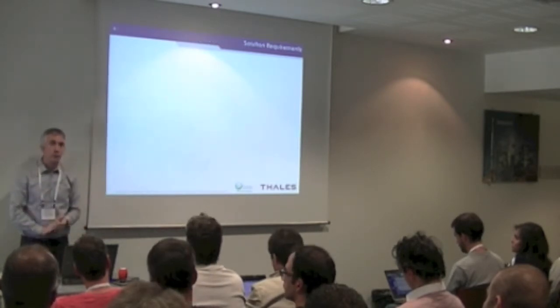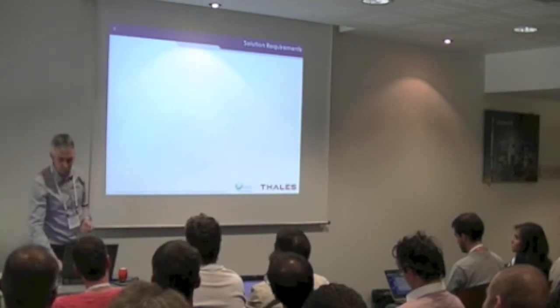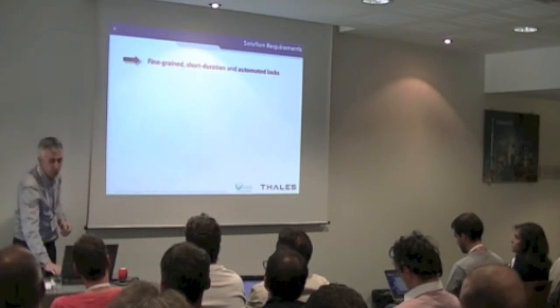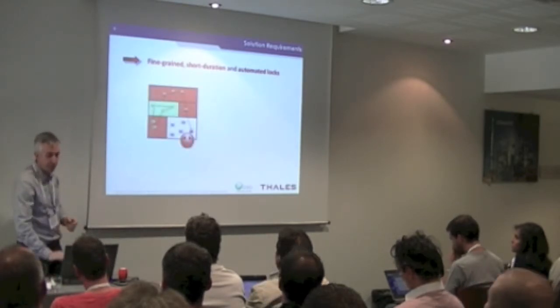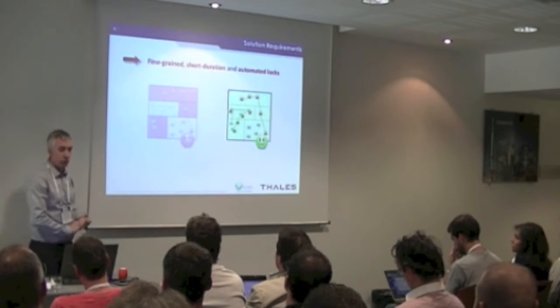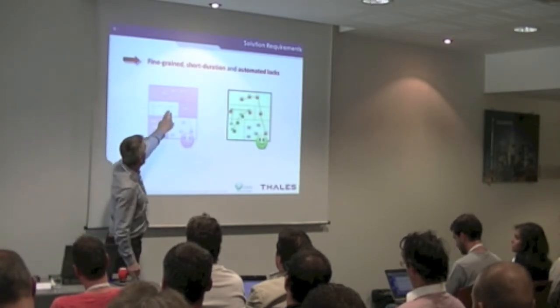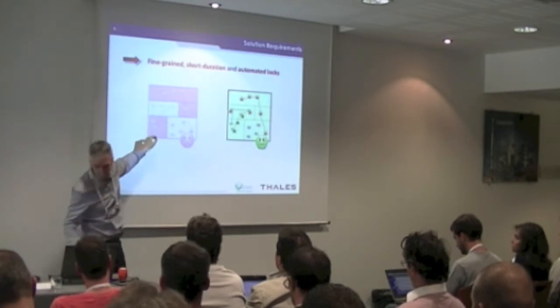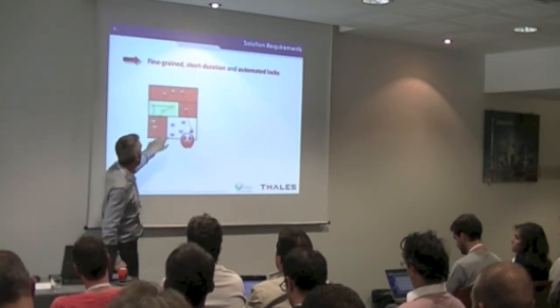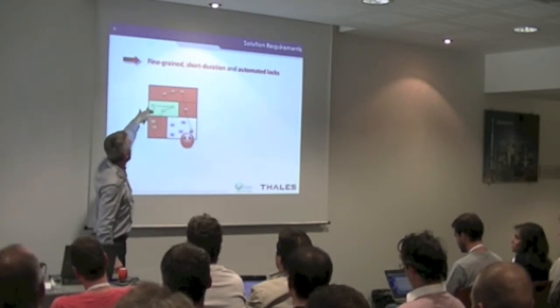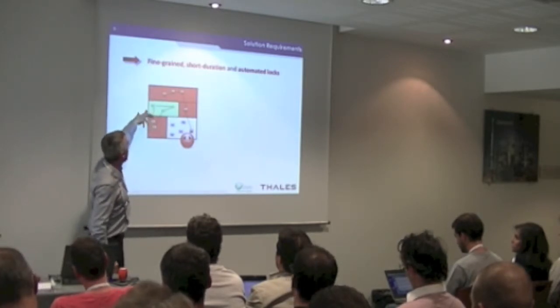So the requirements for the solution we have tried to build were that the locks should be on elements, should be fine-grained, with short duration, and they should be automated. For example, with fragmentation, if I want to change something here, I need to have checked out the two fragments.